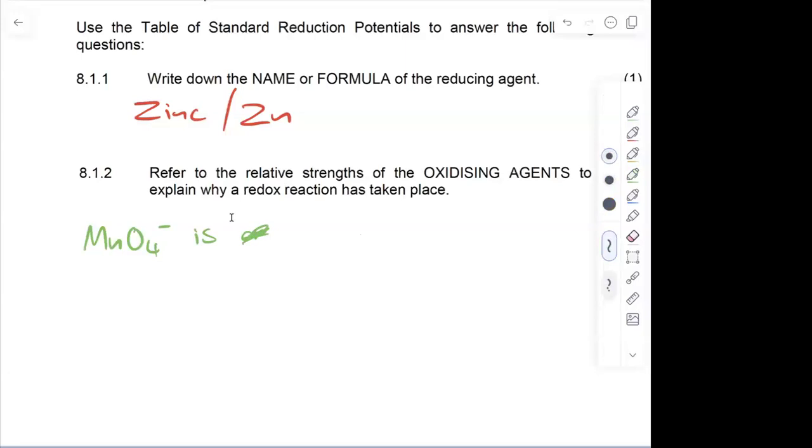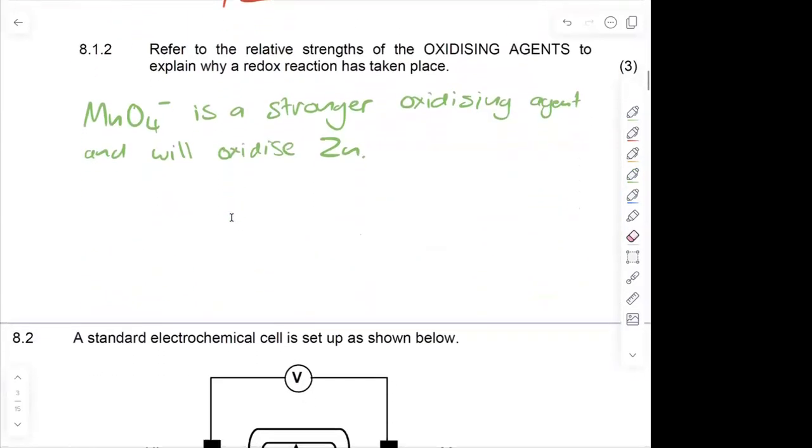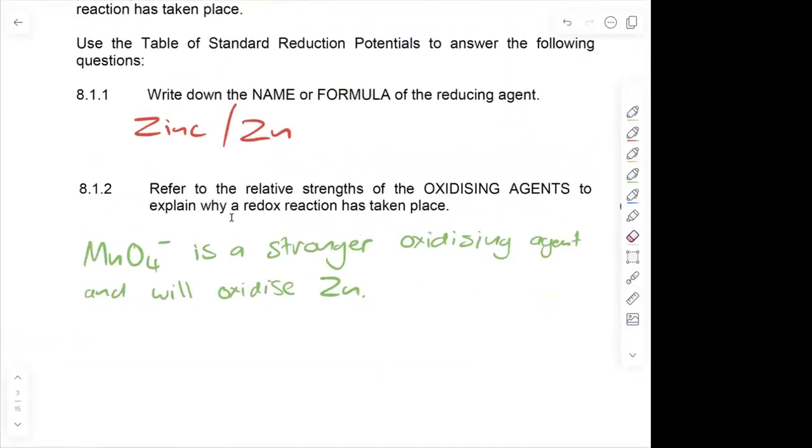Let me just erase this, sorry. And will oxidize our zinc. Okay, simple as that. Some very, very easy ways to score 3 marks in that case there.